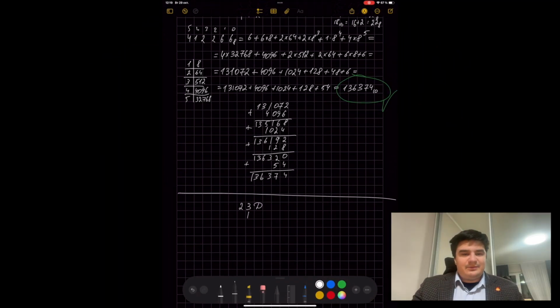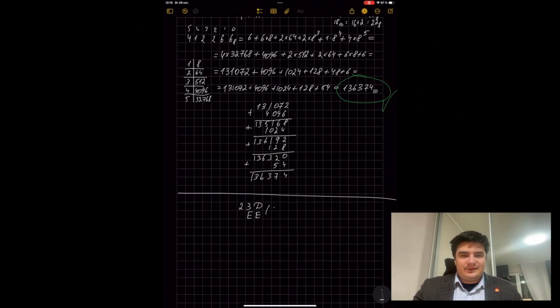Now, let's perform the multiplication in the hexadecimal system. First, D multiplied by E equals 182 in decimal or B6 in hexadecimal, since 182 is 11 times 16 plus 6.